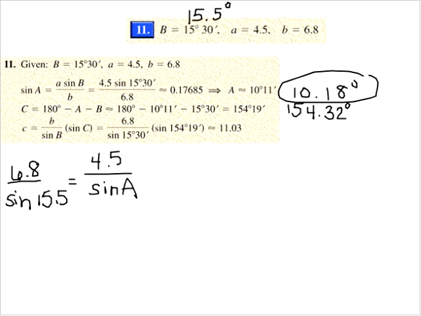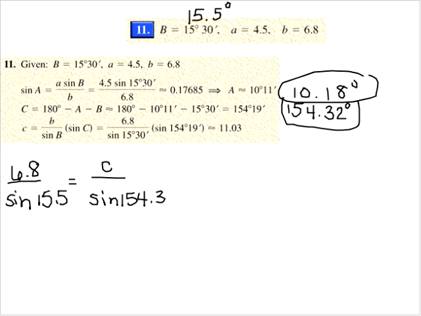Decimals with degrees are fine. And then they just set up their last proportion here. So instead of having 4.5 over sine A, we can change that second fraction. We're looking for side C, and that would be over sine of 154.32. And just cross multiply and solve that way. We should get about 11.03 for side C.